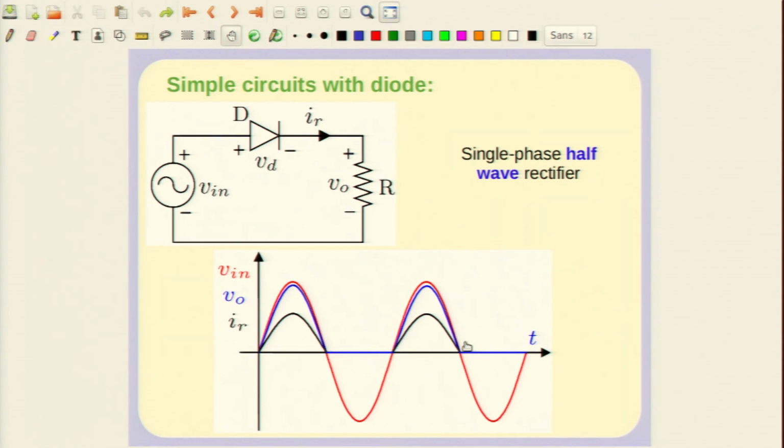Now, you will see that it conducts only in half a cycle, but you can make a simple modification to this circuit and get a rectified waveform which looks somewhat more like DC. In fact, here every alternate half cycle the diode conducts, and so of course it has a DC component, but a significant harmonic component as well.